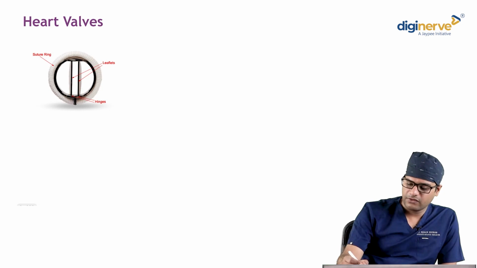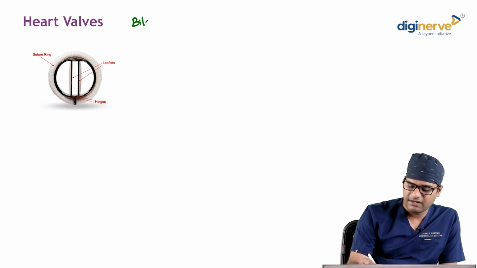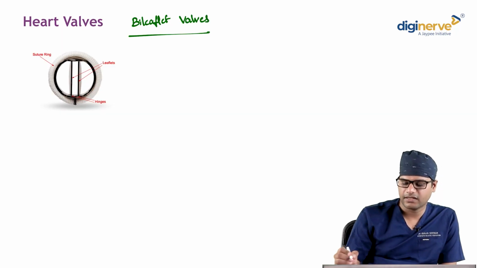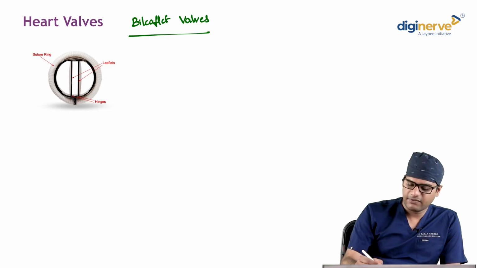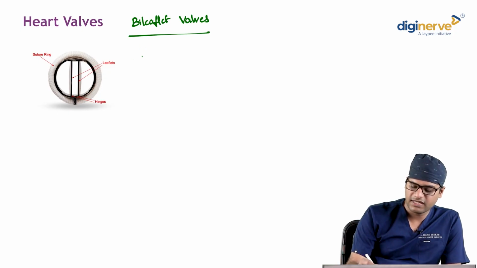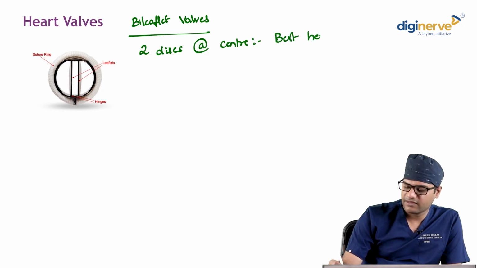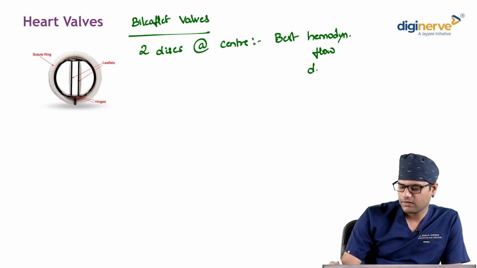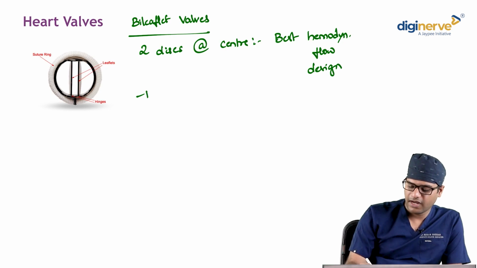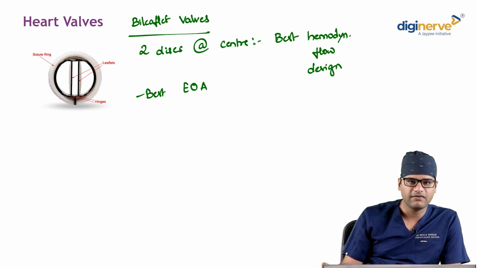The other one that we use currently is the bileaflet valve. These are the only two mechanical valves that we are currently using. Bileaflet valves, the difference being there are two discs at the center. Best hemodynamic flow. Again, best effective orifice area for the blood flow of the valve.